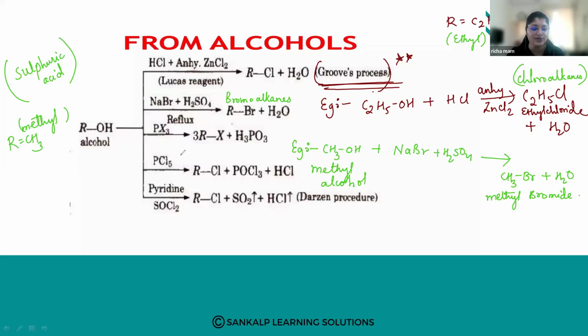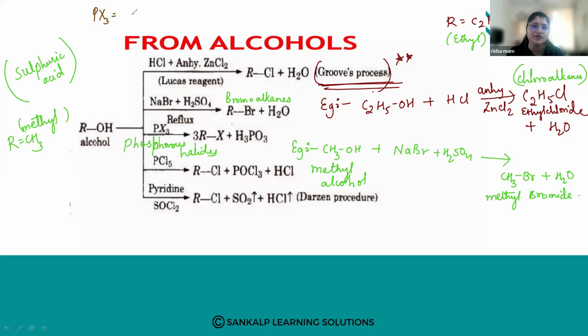Next one. Alcohol, when you treat it with phosphorus halides, we can obtain the next reaction. Here we use PX3.